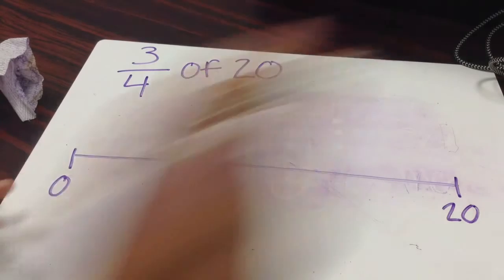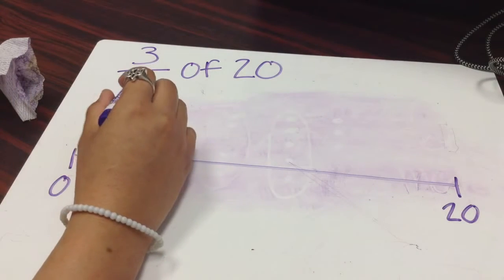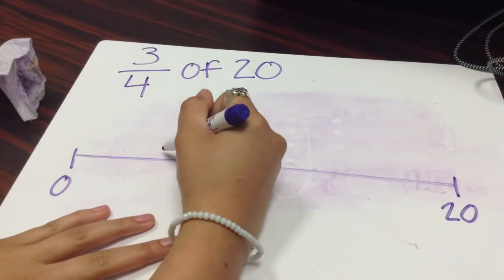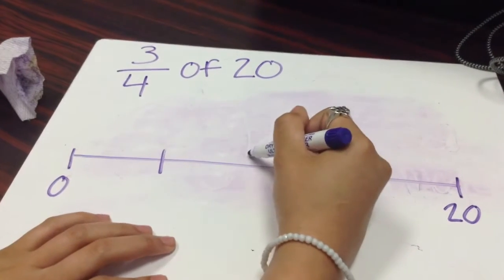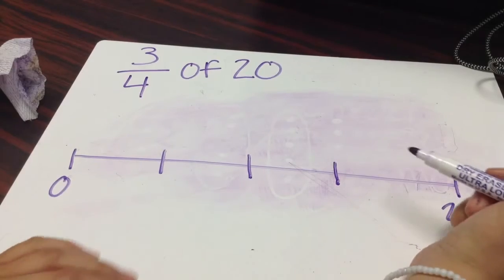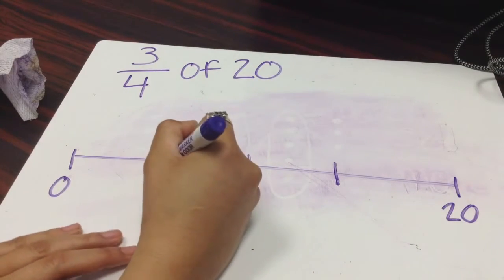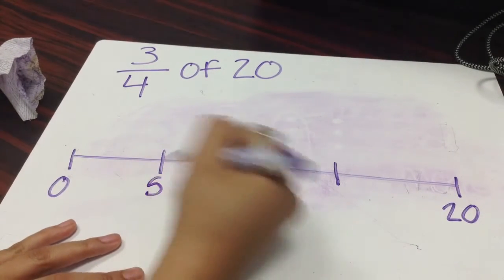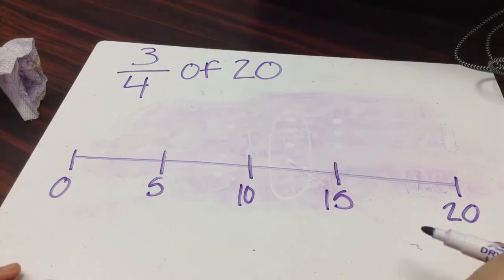And I'm going to divide it into 4 equal parts, since that's how many is on our fraction. We want 4 equal parts. So I'm going to divide that. That's going to be our first, our second, and our third. And I'm going to number them by 5s, since 5 goes equally into 20. And so I'll do 5, 10, 15, and then we have our 20 at the end.